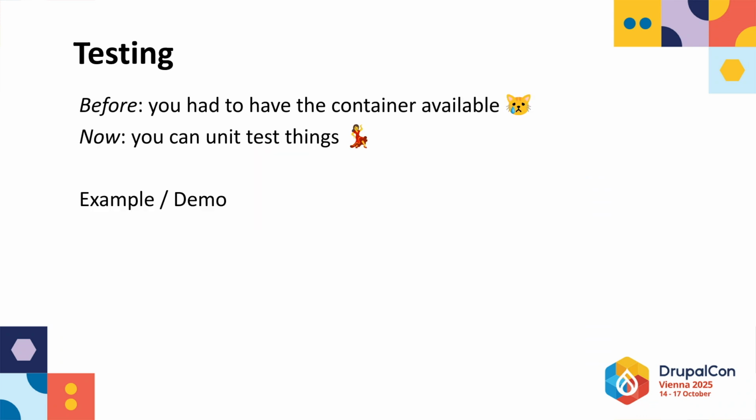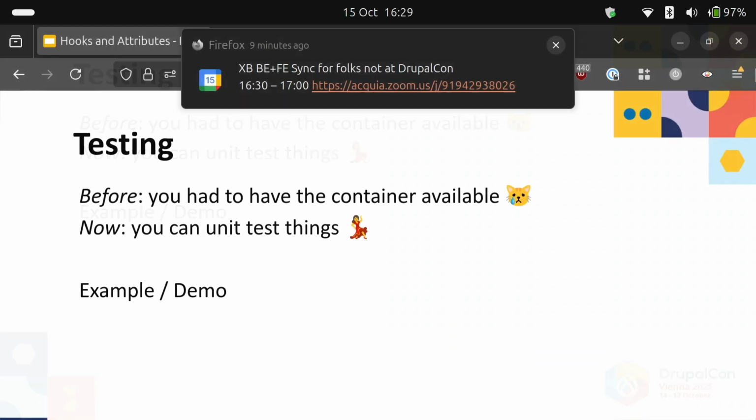which is very cool. So when you test these things, before, when you were trying to test hooks, you'd have to have the container available, which means you've got to have a Drupal site in your test base, which takes ages to start and run. But now we can unit test them, which is a lot quicker.